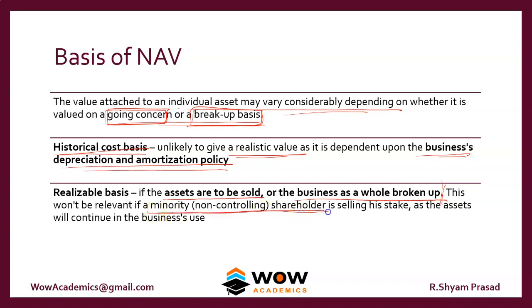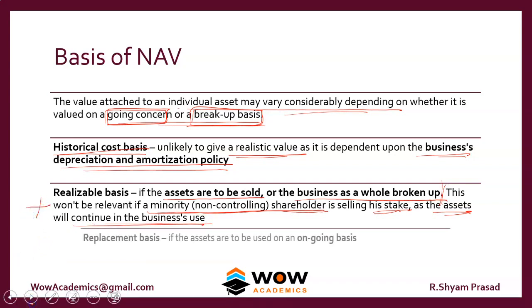Only when the majority shareholder decides is that possible. So to value a minority shareholder's share, this is not an appropriate method. And you shouldn't use this method for a going concern company. If a company is going to be operated, then using this value is not appropriate.